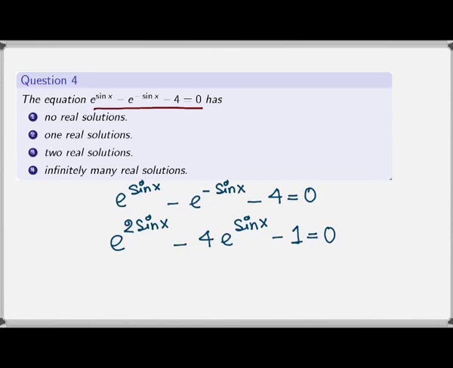So we see that this is a quadratic equation in e to the power sin x. For simplicity we put y is equal to e to the power sin x. So we have this quadratic equation y square minus 4y minus 1 is equal to 0.